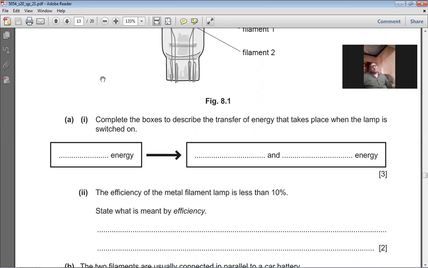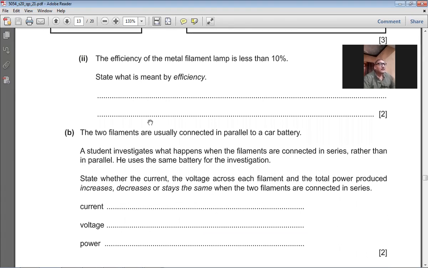When I say the metal filament is less than 10% efficient, it means we gain less than 10% useful output energy. More than 90% energy is wasted. It's a 2-mark question. The first question was of 3 marks.